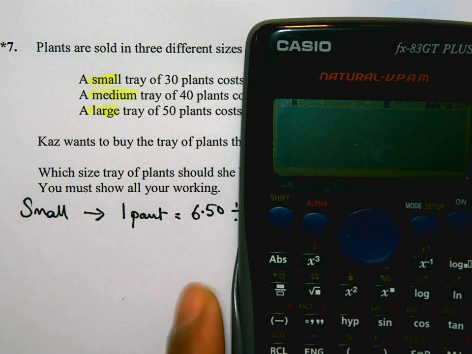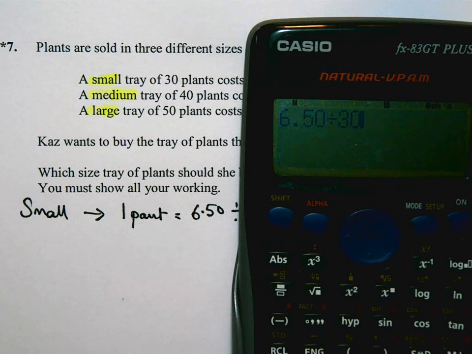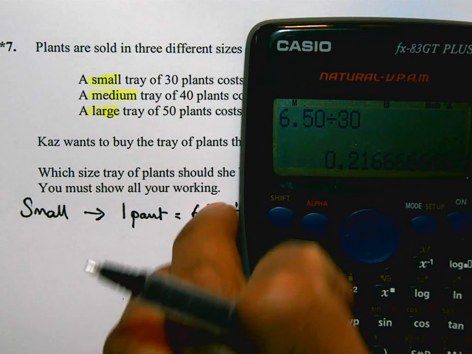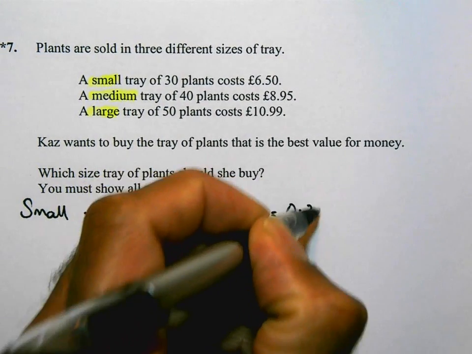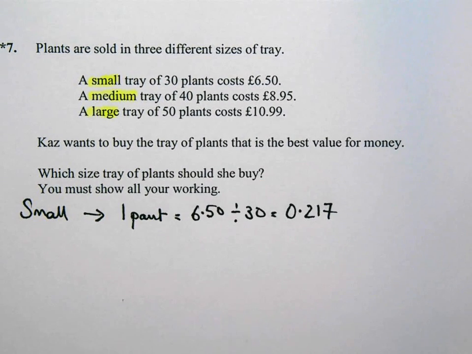Look at what's on the screen. It's 0.2166666666. Okay, I'm going to round that to 3 decimal places. 0.217. I'll talk about the reason for that in a bit.